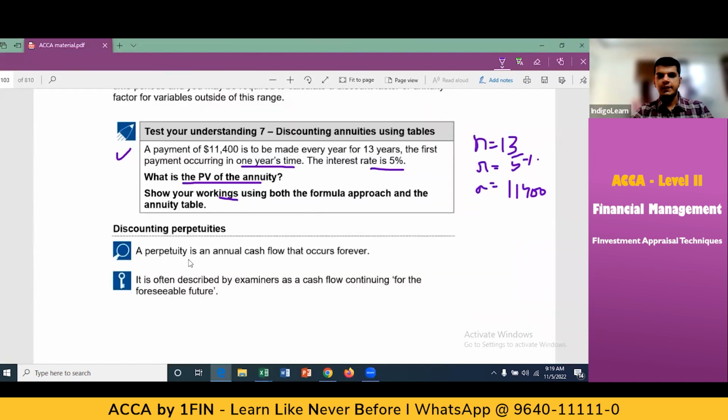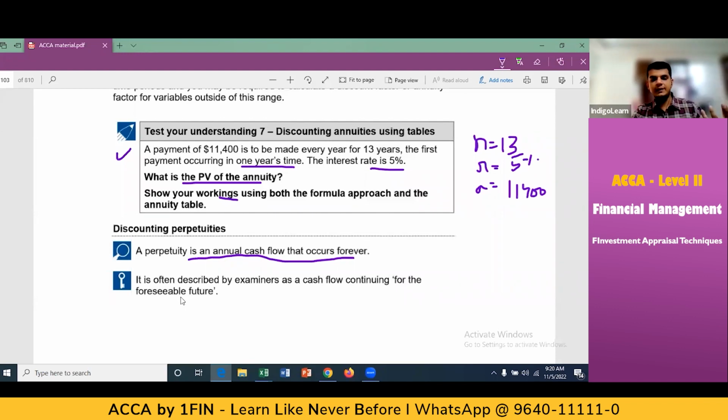Okay, very good. Perpetuity is an annual cash flow that occurs forever. Perpetuity means you will be receiving for the entire period. There is no stop, no long stop date. You will be receiving for perpetuity, till lifelong. Don't be confused about what perpetuity is.